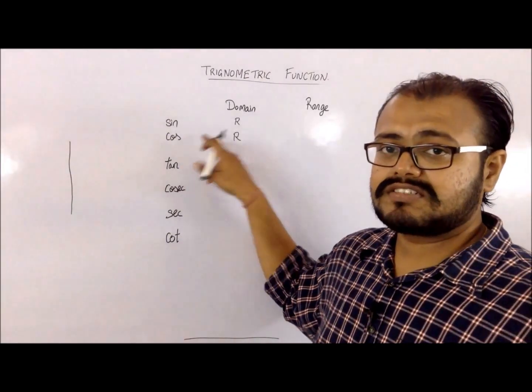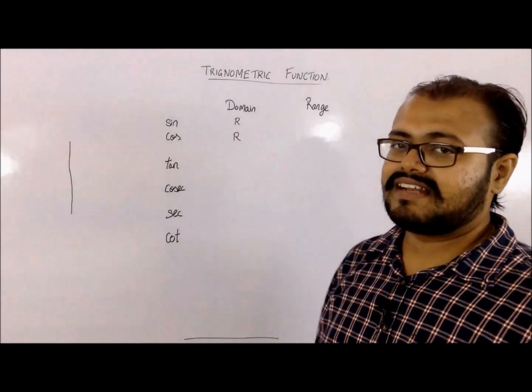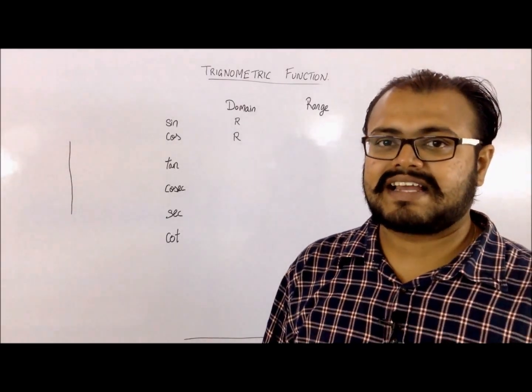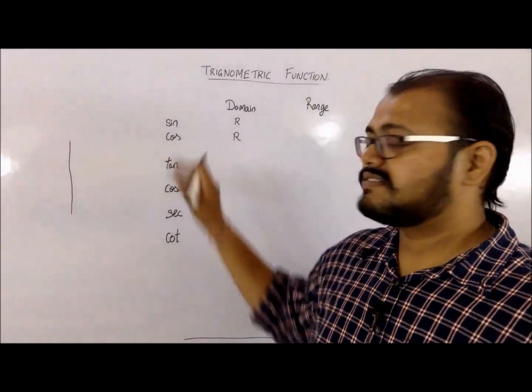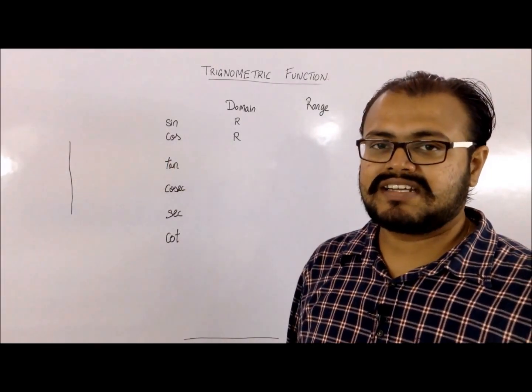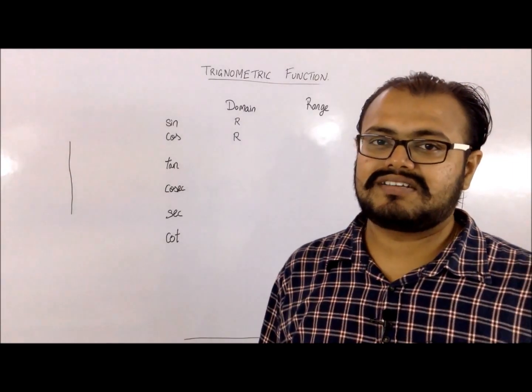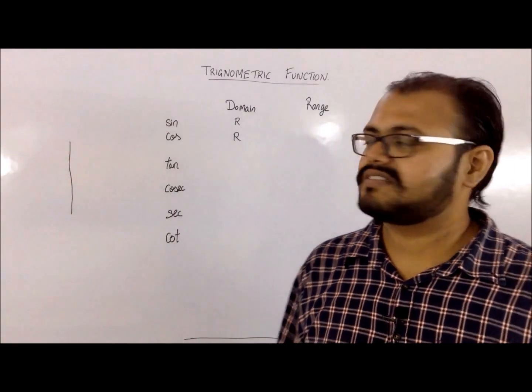So for sine and cos, my domain is nothing but the real axis. If I pick any number from the real axis and give it to these functions, I will get some value. There is no point where I will get a non-defined value.